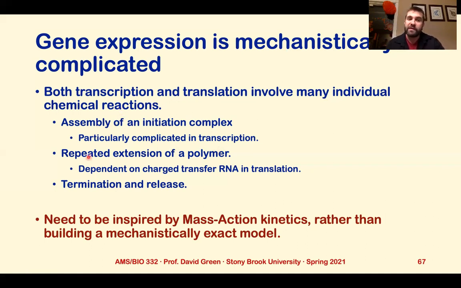Following assembly, there's the repeated extension of a polymer, a chemical reaction that occurs over and over and over again for hundreds or even thousands of times. And in the context of translation, this extension itself involves a merging of an external component, a charged transfer RNA, which itself had to be assembled as part of that process.